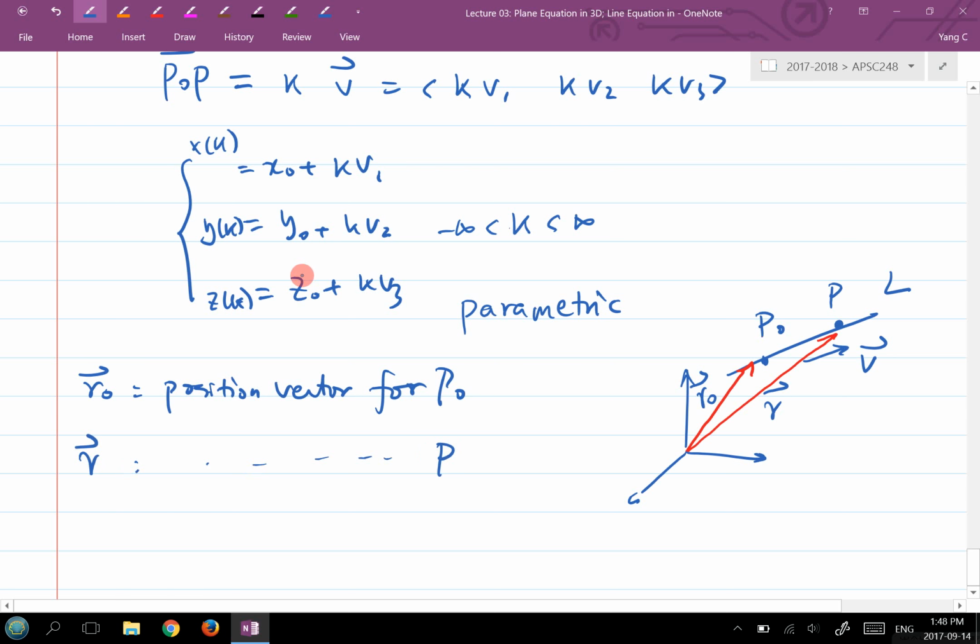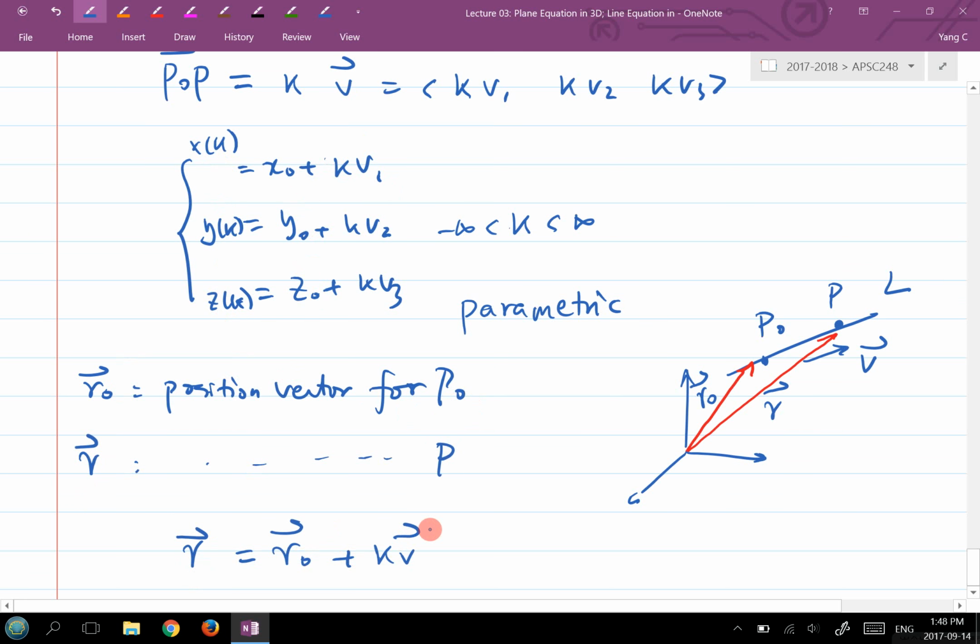What's on the left side is x, y, z, and x, y, z is basically the position vector for the point P. So I can write this whole left side as the position vector R. Then you have x naught, y naught, z naught, which is exactly the position vector for the point P naught. And what does that equal to? It equals R naught plus this whole chunk, which is k times V.